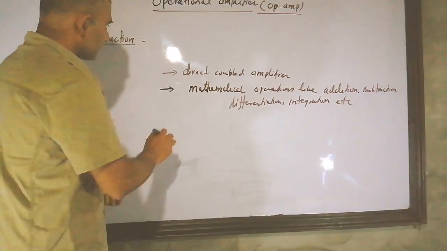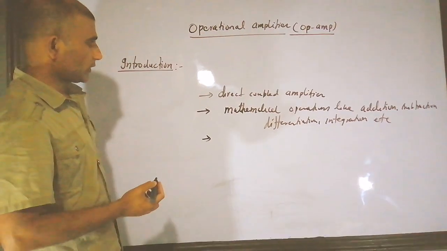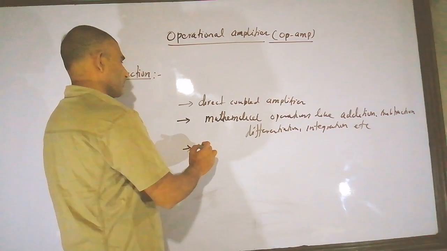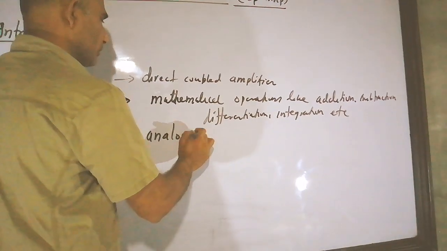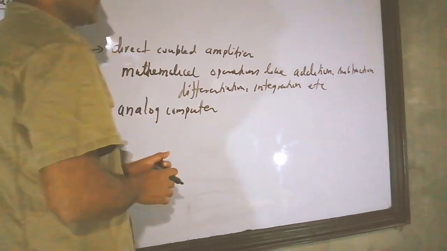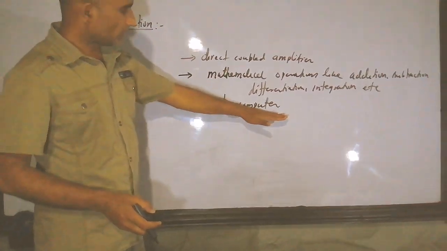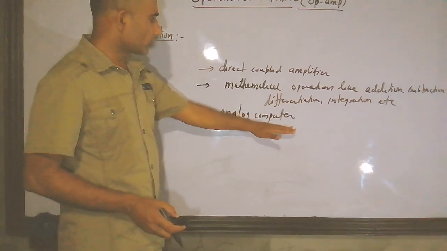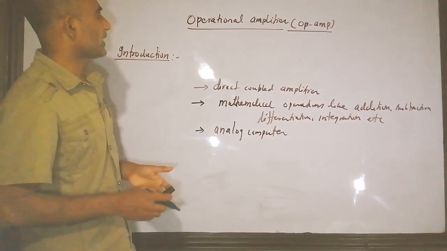Before the digital computers like today's computers, there was the analog computer. So it is a major part of the analog computer. In the beginning it was made for arithmetic operations in the analog computer, and so its name is the operational amplifier.